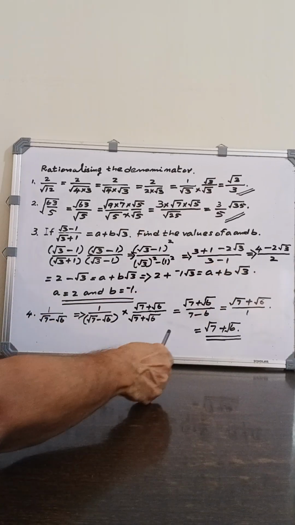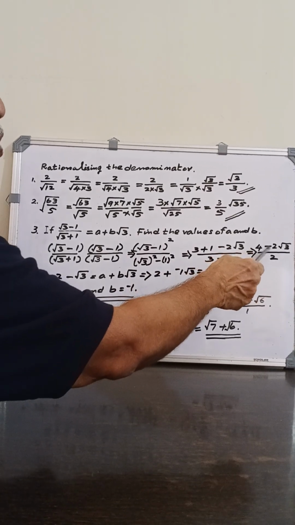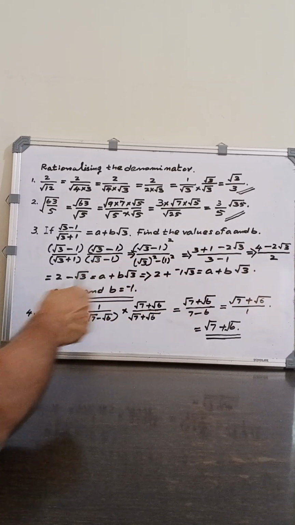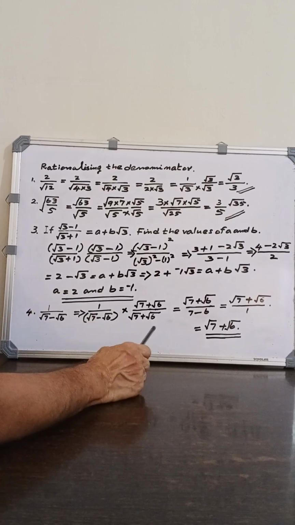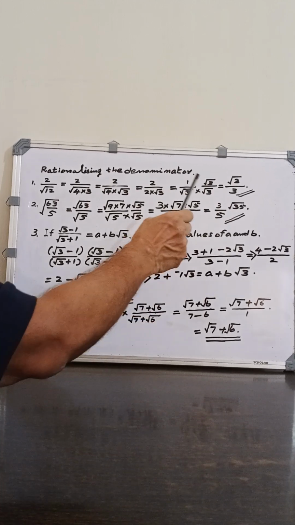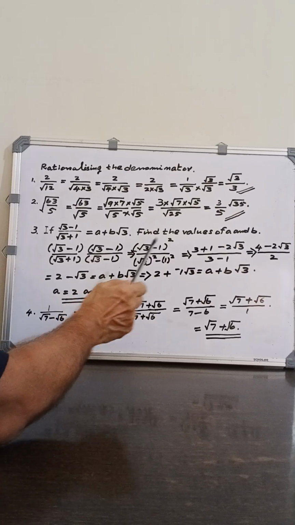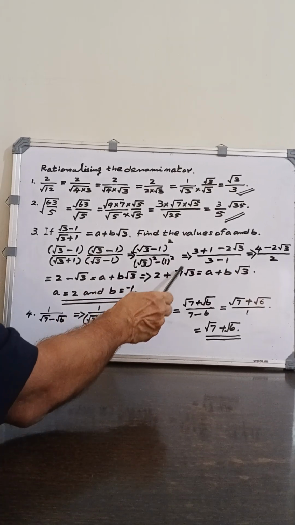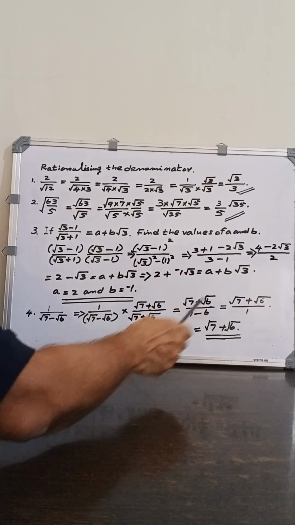When simplified, we take 2 as a common factor: 2 into 2 minus root 3, by 2. That 2 and 2 cancel. Therefore, there remains 2 minus root 3 equals a plus b root 3 as the RHS. Therefore, 2 plus minus 1 root 3 equals a plus b root 3.